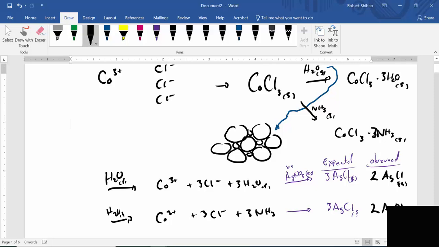Let me redo this. Observe 3. This was observed as 3. So this is right. But this is the weird one. This is only observed 2. So I need to correct that in the morning class.